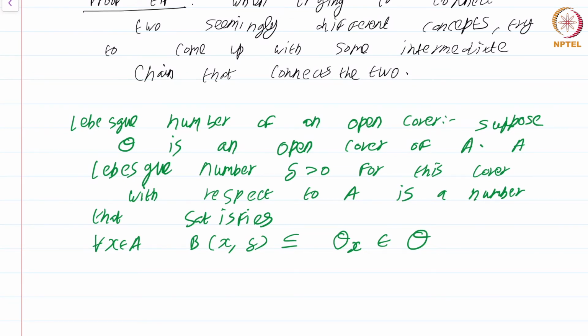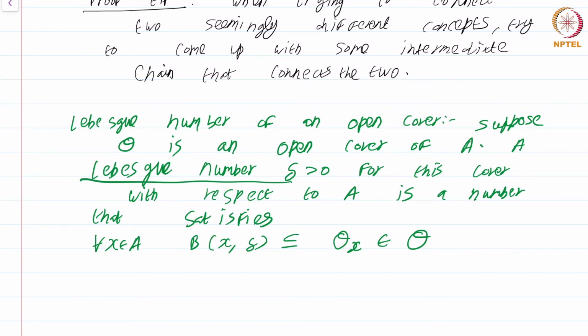Note the order of quantifiers. What this is saying is you pick an element x of A and consider the ball of radius delta centered at x. There will be a corresponding O_x in this cover O such that B(x, delta) is fully contained in O_x. Okay. Note, you will understand why I said a Lebesgue number.